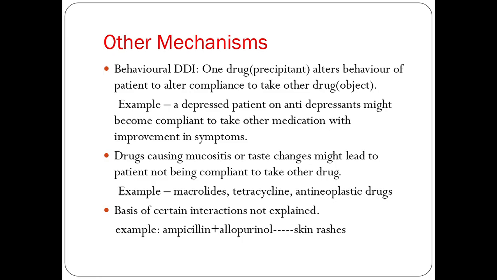Drugs causing mucositis or taste changes might lead to the patient not being compliant to take other drugs, for example macrolides, tetracycline, antineoplastic drugs. The basis of certain interactions is not explained, for example ampicillin plus allopurinol causing skin rashes. So these are other mechanisms of drug interactions.